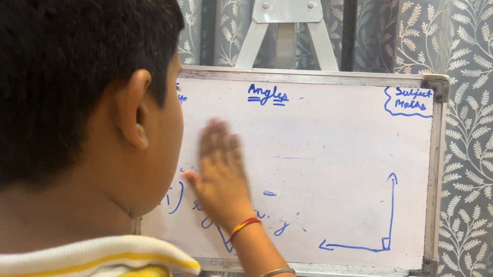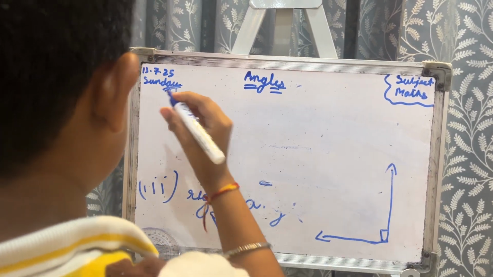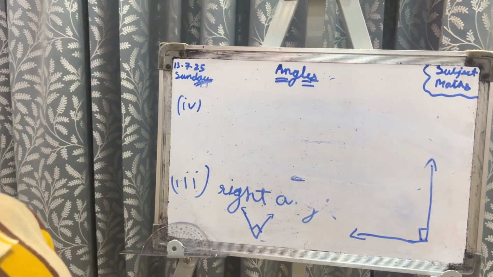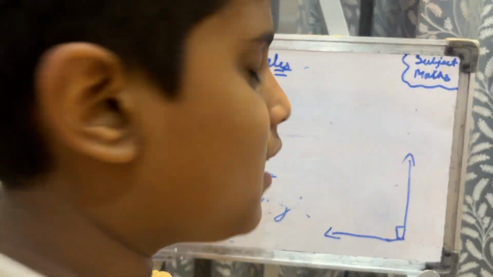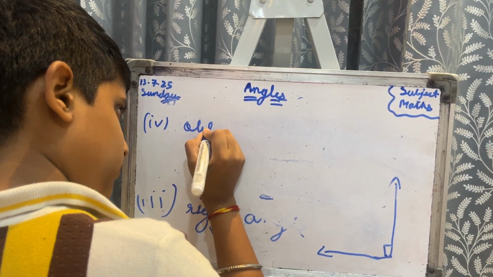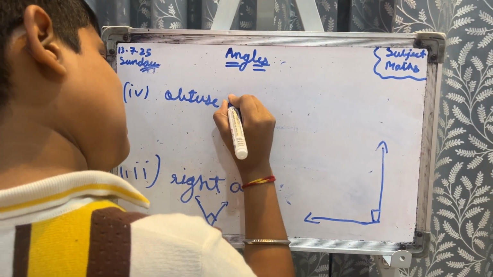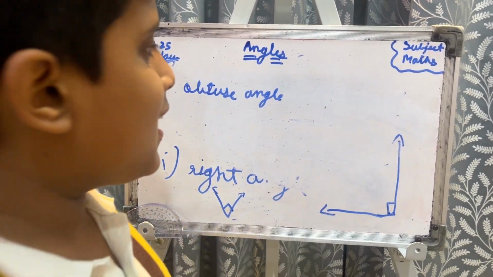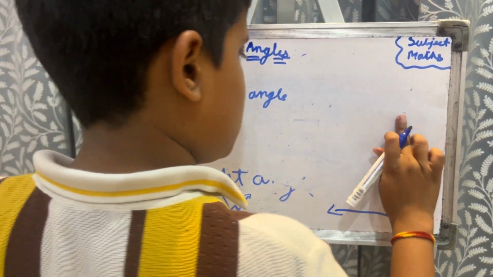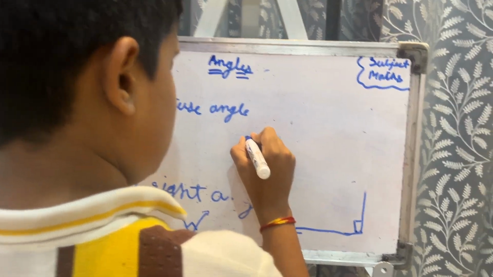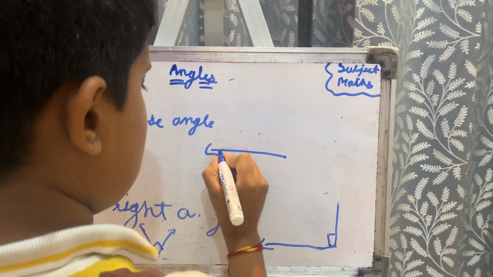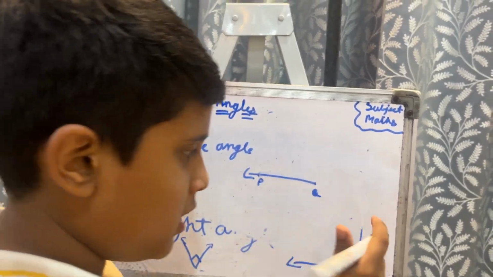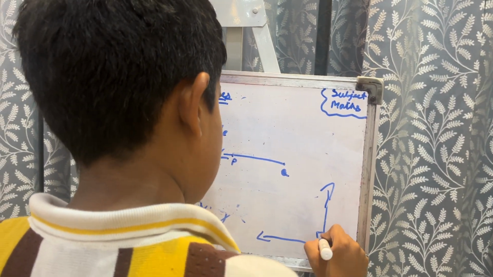Now let's come to our fourth angle. It is more than a right angle but less than a straight angle. It's the obtuse angle. In an obtuse angle, it's more than a right angle. This is a common plate like P and Q, just an example, I have not named these.